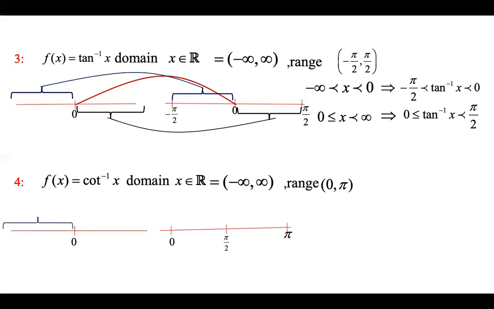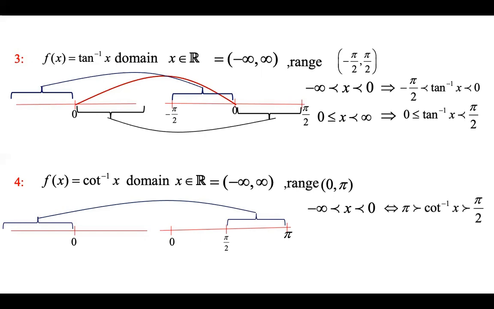Now, this is the left side part of the domain. When we transform it under cot inverse, it will go to the right side, that is π/2 to π. So if x is less than 0, then cot inverse x will be between π and π/2. And when x is on the right side of 0, then cot inverse x will be from 0 to π/2.